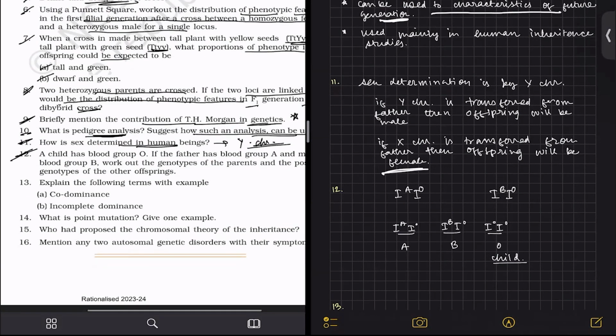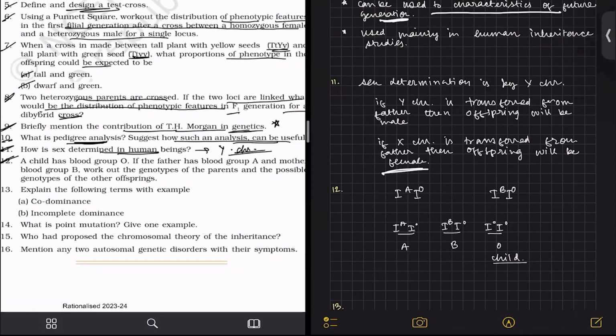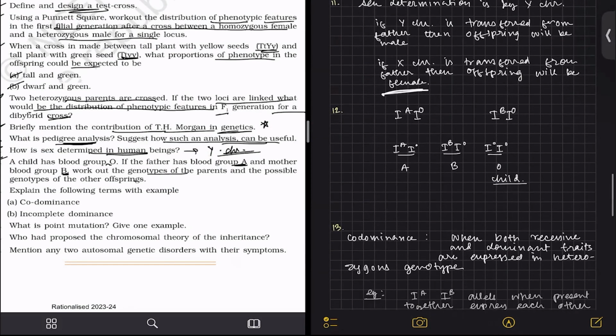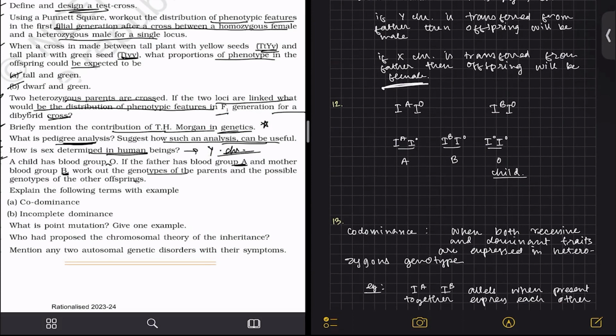Okay. And question number 12, a child has blood group O, the father has blood group A and the mother has blood group B, then what will be the genotype of the parents? So the child is having blood group O. It means the child has genes IO and IO.